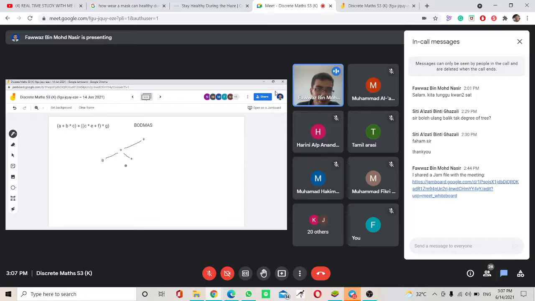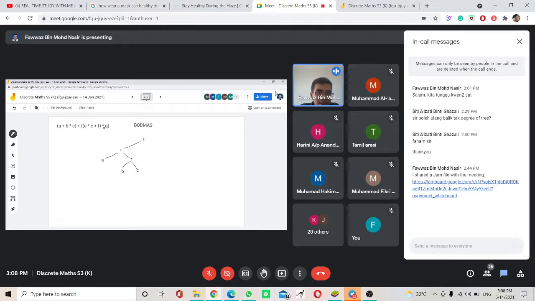So B dengan C dia dekat bawah times ni. So kita akan dapat B and C here. So just connect these together. Dah complete dah first bracket.